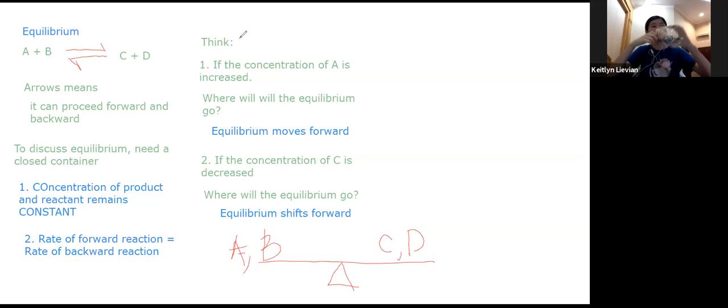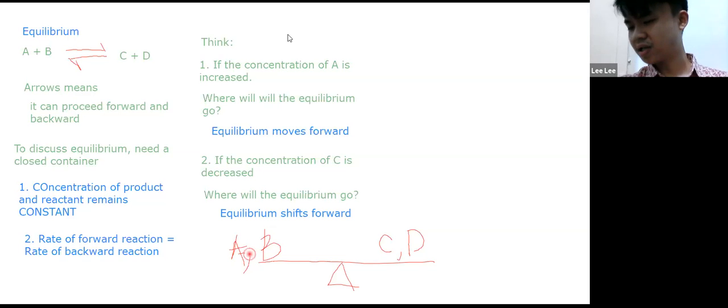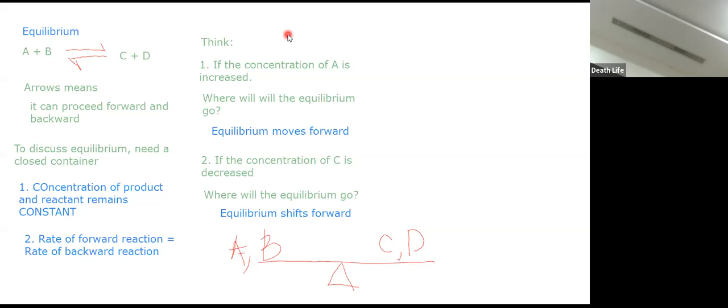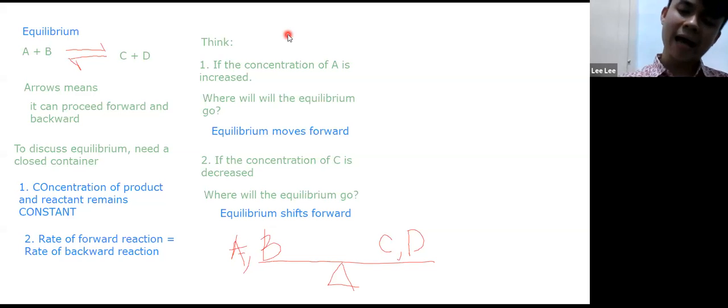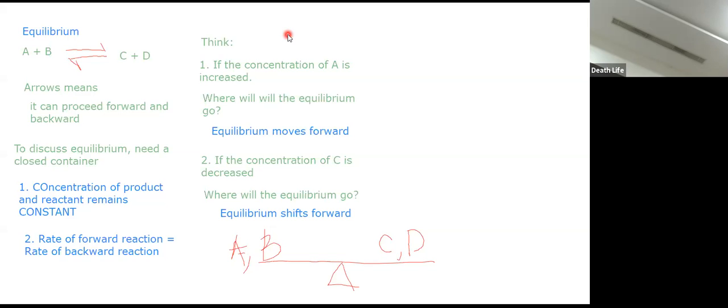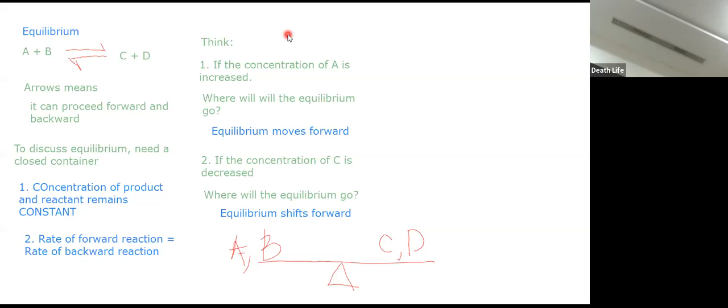So when your friend adds the amount of A, what happens to this balance? It will fall to the left side, right? So where should you add extra load to balance it back? Right side. That's why we say the reaction shifts forward.